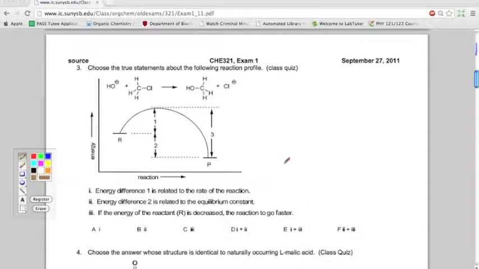Now this question is again something that we have learned in general chemistry, and you are looking at a reaction and you want to be able to analyze a graph that looks like this.